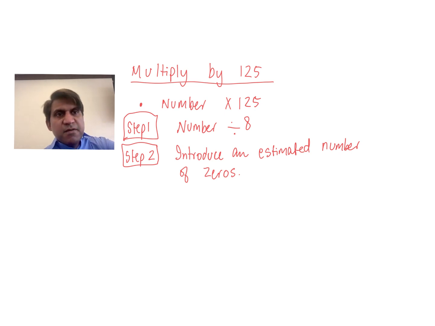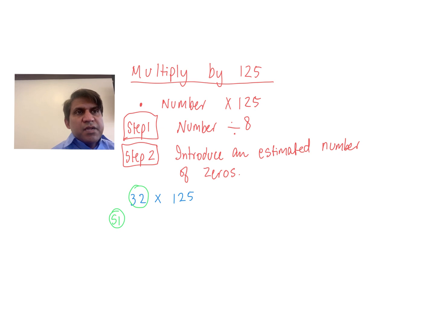So, for example, if I have 32 times 125. Now step 1 says take this number and divide it by 8. So 32 divided by 8, I get a 4. And then the second step says introduce an estimated number of zeros.